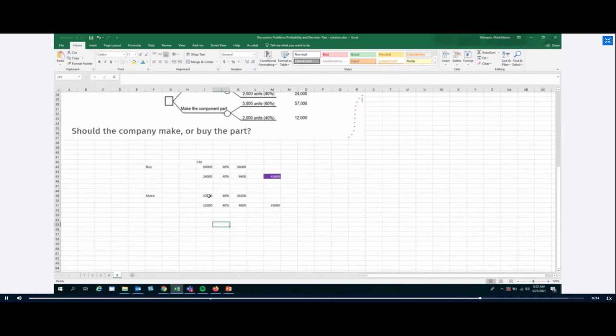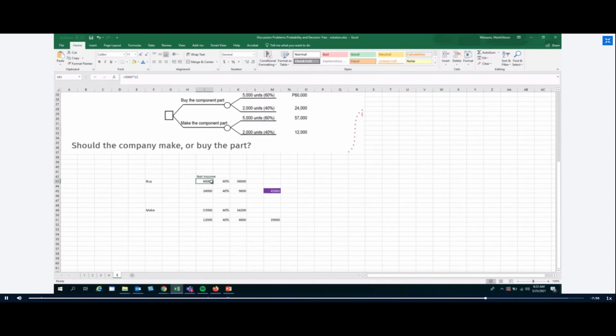So actually, in this portion, hindi na to contribution margin kasi nilessan mo na yung 18,000. This is already your net income. So for consistency purposes, let's do net income right here. So you have your contribution margin less the fixed cost. So you have your net income.